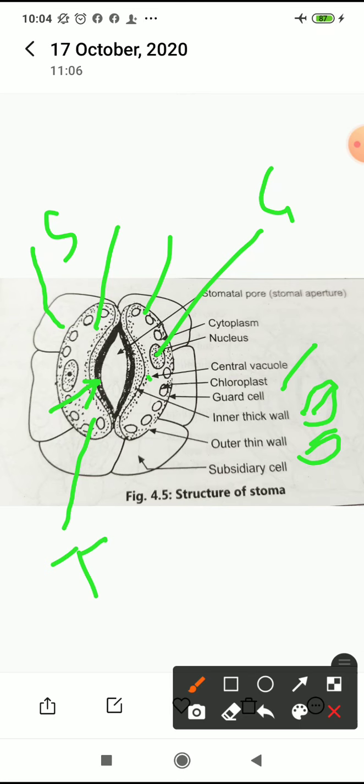As a result, these two guard cells move apart from each other and stomata open during daytime. When stomata are open, water in vapor form from intercellular spaces is lost to the outer atmosphere.